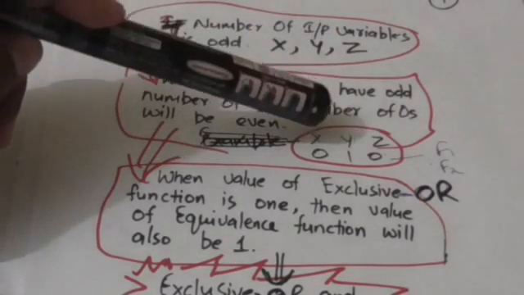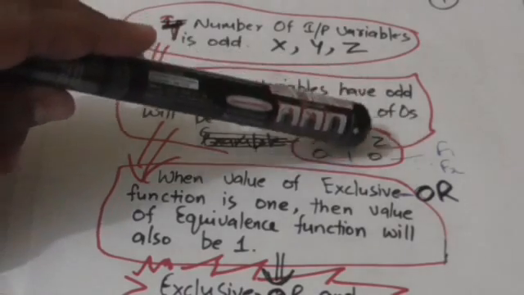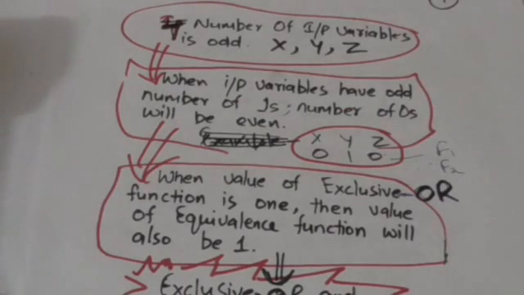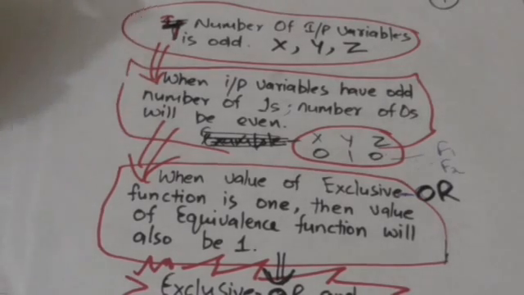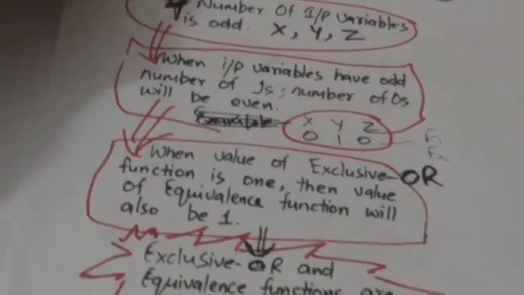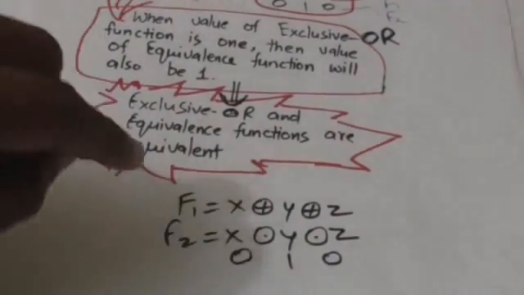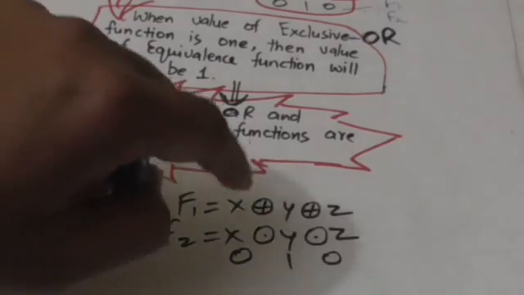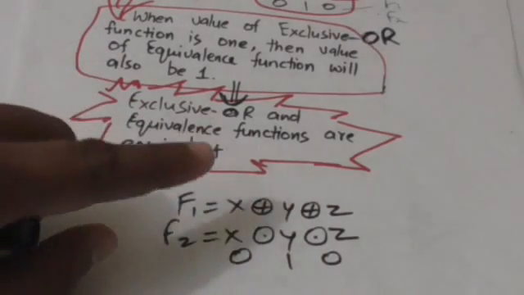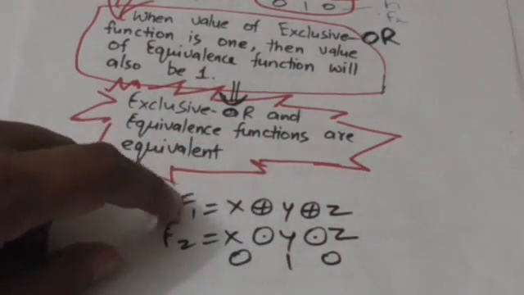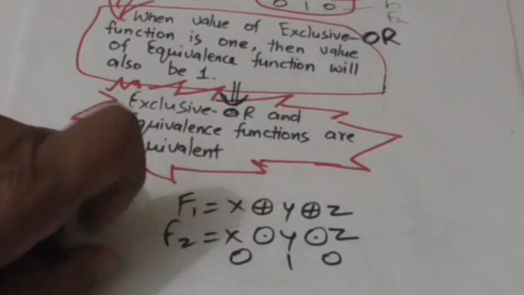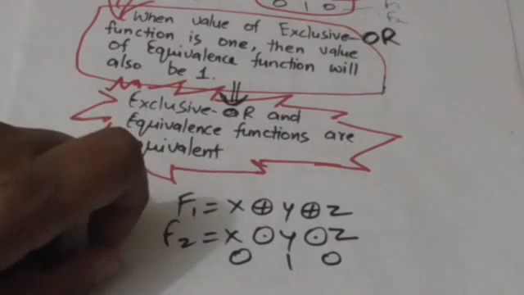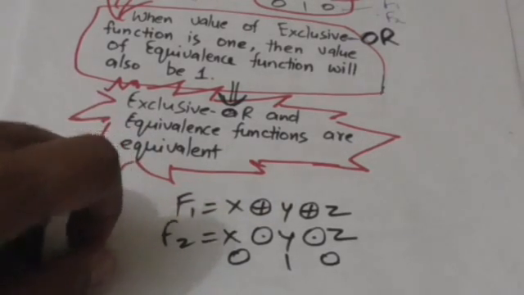Now look here. Suppose the value of x is 0, y is 1 and z is 0. Now for this combination of values of x, y and z, the value of the exclusive OR function of x, y and z would be 1, because this combination has an odd number of ones.